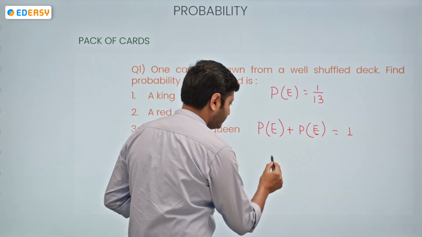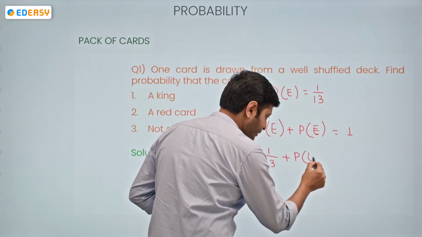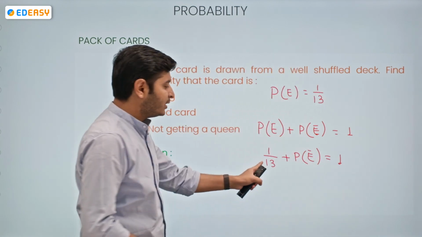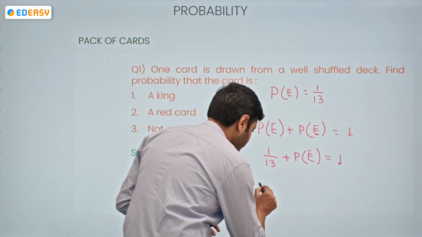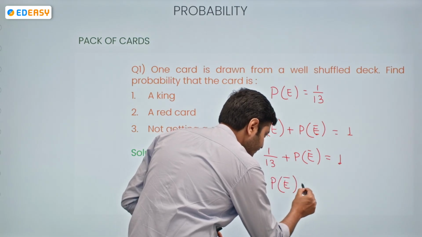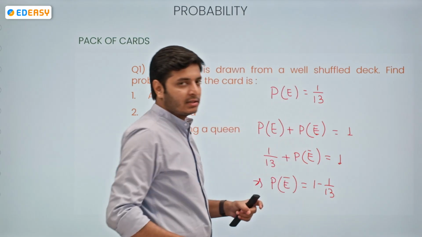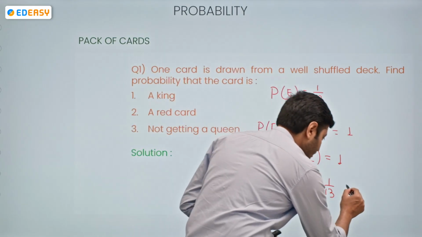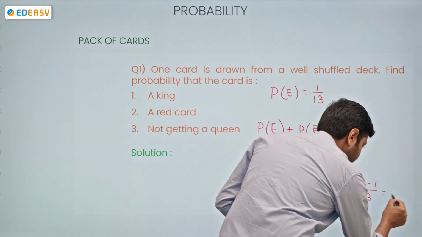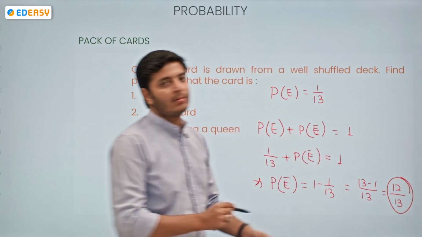We know this, 1 by 13 plus P of E bar should be 1. I'm going to transpose this to the right hand side. So this gives us P of E bar equals 1 minus 1 by 13. Take the LCM, subtract the values, and you end up with 13 minus 1 by 13, that is 12 by 13. So again we are getting the same answer.